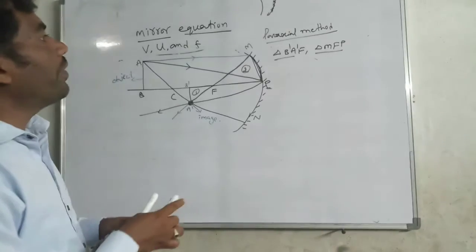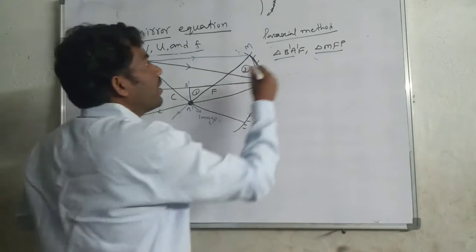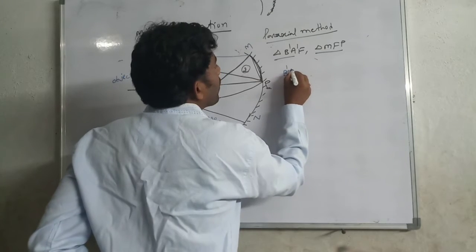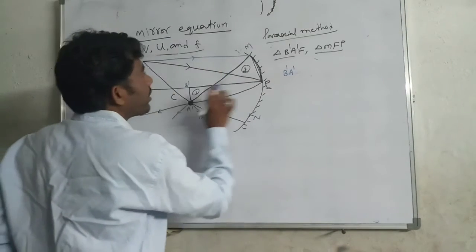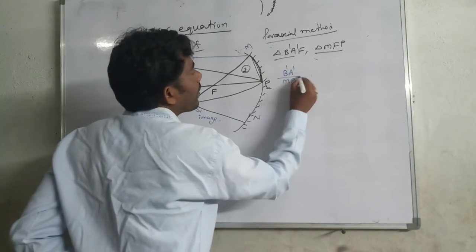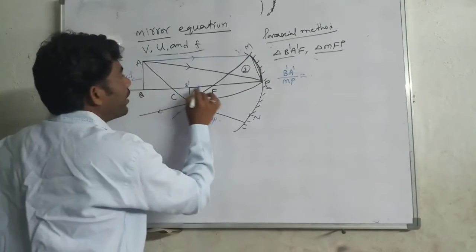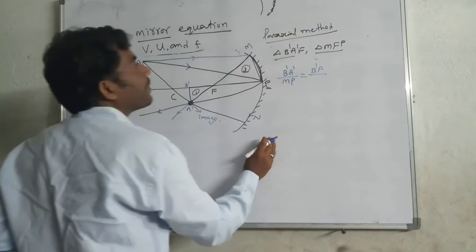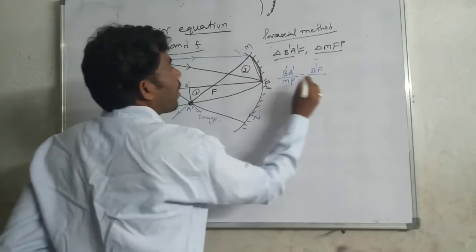From this we write A dash B dash by MP, and B dash F by FP.